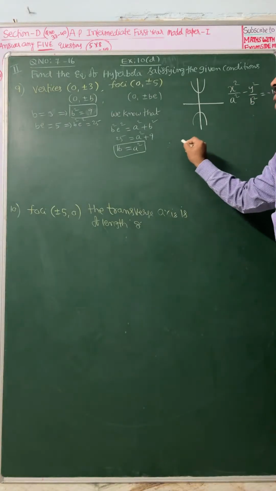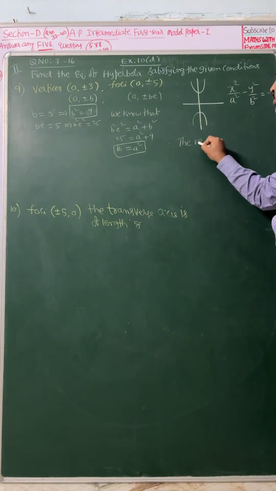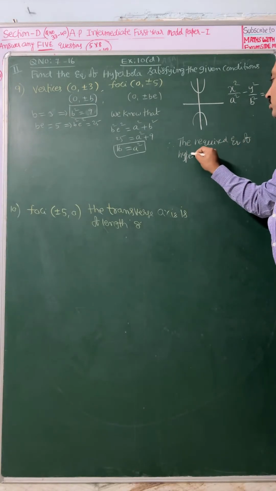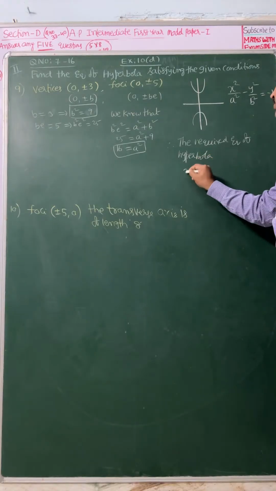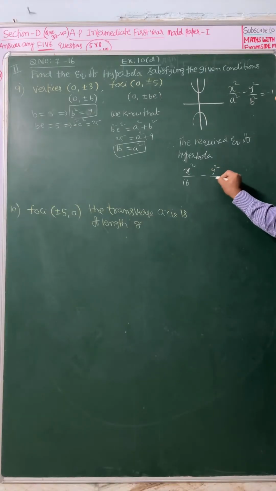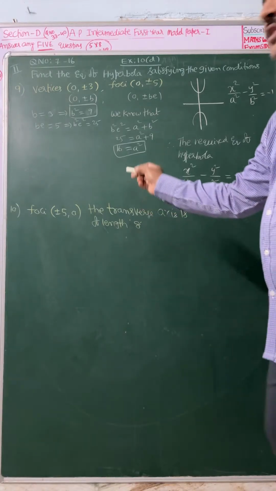Substitute in this. Therefore, the required equation of hyperbola is x square by 16 minus y square by 25 equal to minus 1. Okay, students, we'll move to question number 10.